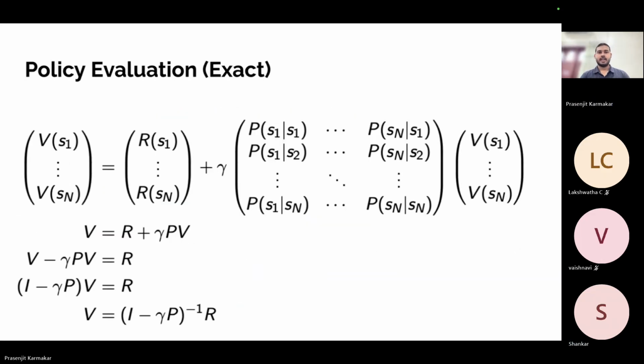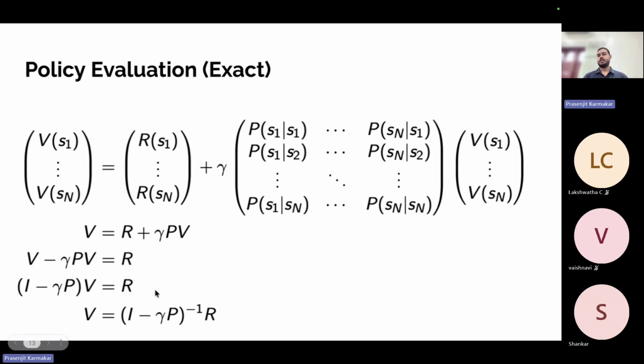Okay. And this was the policy evaluation algorithm, the first algorithm where we have an exact solution, right? The exact solution is V = R + gamma PV, which comes from the Markov unroll. So the Markov chain is like a recursive chain. So we can do something like this, and just inverting the I minus gamma P and multiplying it with R would directly give us a solution for V, right?